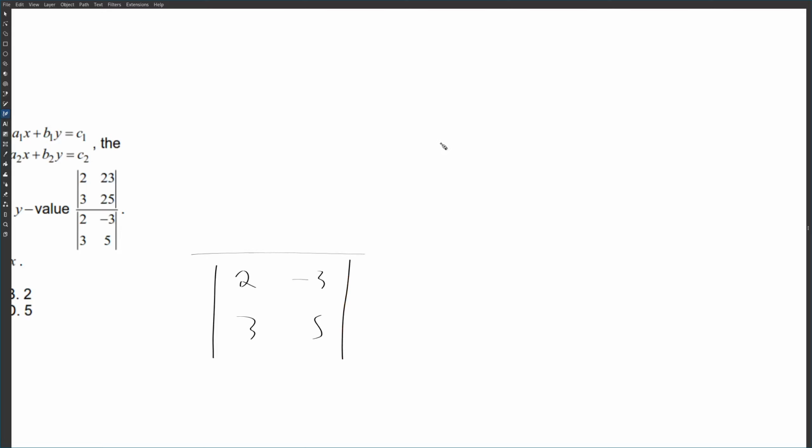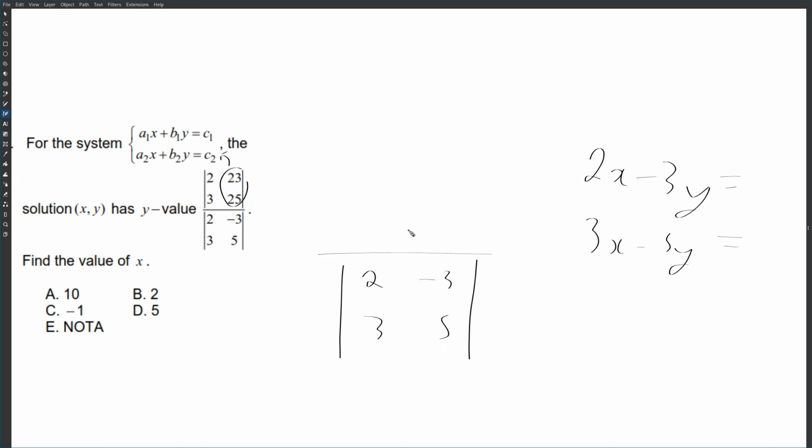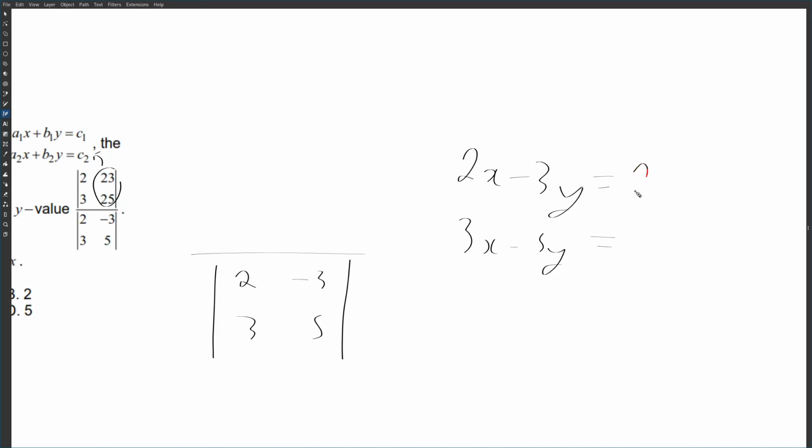And let's use this to rebuild the system. So 2x minus 3y is equal to something, and 3x minus 5y is equal to something. Okay, and here notice, since we solved for the y value, this must have originally been here if this got swapped. So let's put that in, 23, 25.